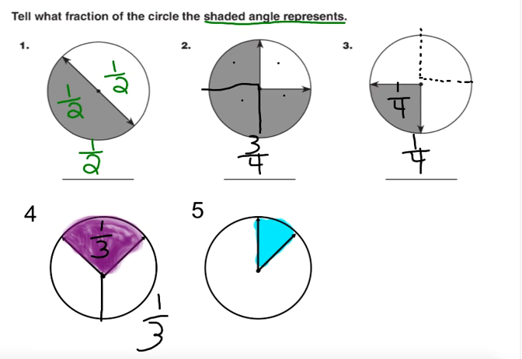Now for this next one, I have no idea. So I'm going to try to recreate all the parts that would be on this circle. If I continue that, now that's not equal. We need all equal parts.